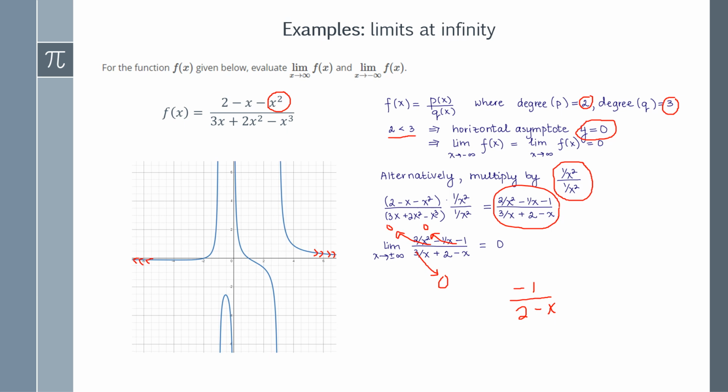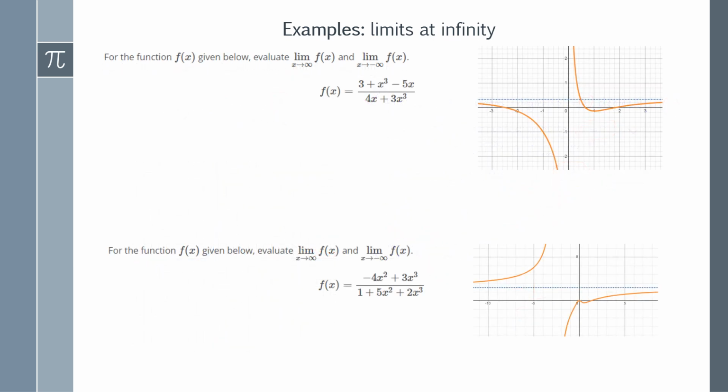Well, you can just stick with this one right here and say, oh, the degree on top is less than the degree on the bottom. Then we have y is equal to 0 as our horizontal asymptote. So we can conclude from here that the limits are equal to 0. Okay, or if you like to do algebraic manipulation, you can follow this trick right here. And bottom line is you should get exactly the same answer, whichever method you apply.